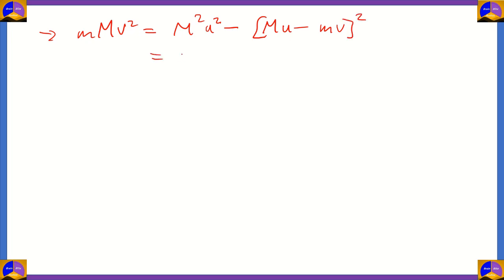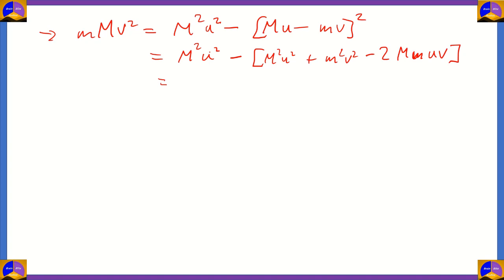So the correct relation will be M squared u squared minus, and inside the bracket you expand it in the form of a minus b squared, so you get M squared u squared plus m squared v squared, and then minus 2 M m u v.